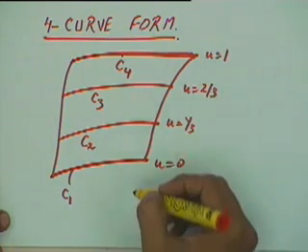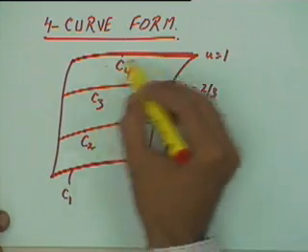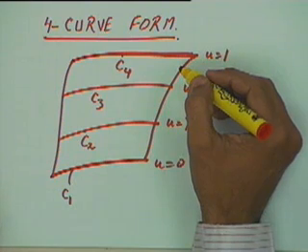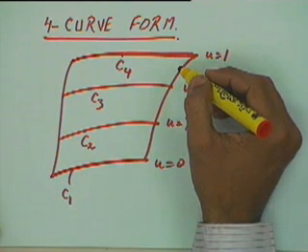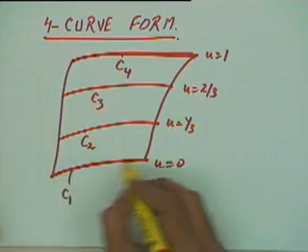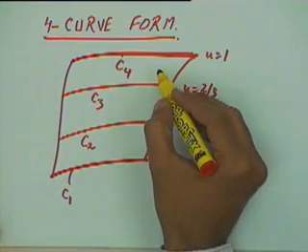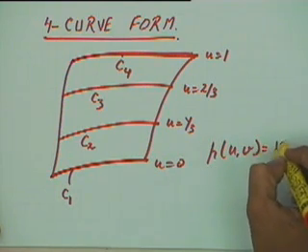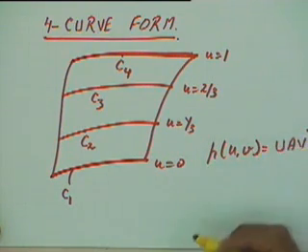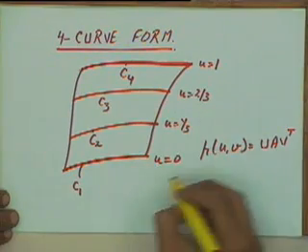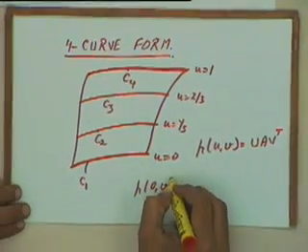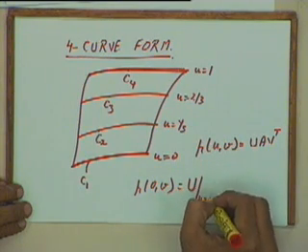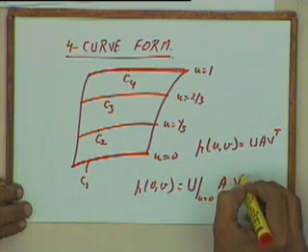Okay, so for these 4 standard values, if we input these curves, then again we can derive the expressions for the algebraic matrix. We can write down the equation for each of these curves. Let us say P of uv is equal to u A v transpose. If we put u equal to 0, we will get P of 0v equal to u at u equal to 0 multiplied by A into V transpose.